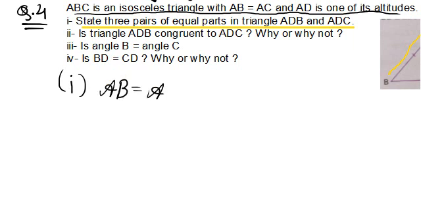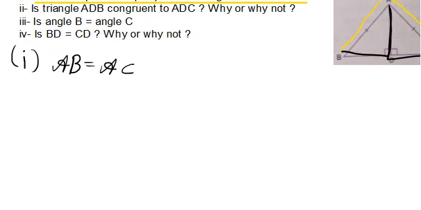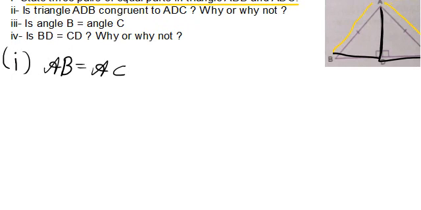AC. Second thing is the right angle triangles. You can see ADB and ADC. This is the right angle, simply right angle. So the second pair will be angle ADC equals to angle ADB.